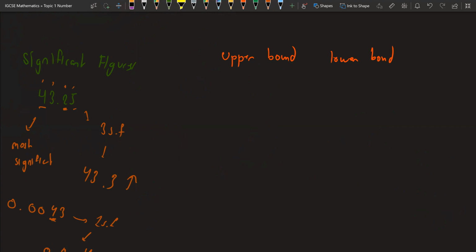So on a number line, let's say we have a number 4.5, right? I can write 4.5 as 4.50 and write as 4.5000, right? You might say it's the same, but it's not true because it's about the accuracy. It's only two significant figures, so I can't really write it as 4.50.